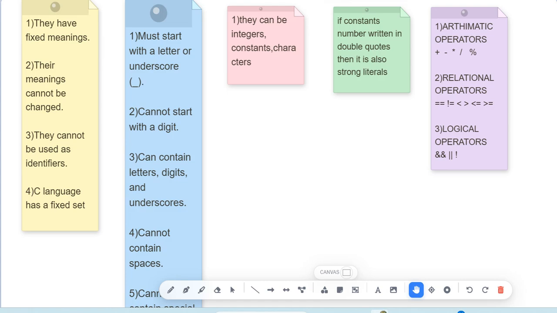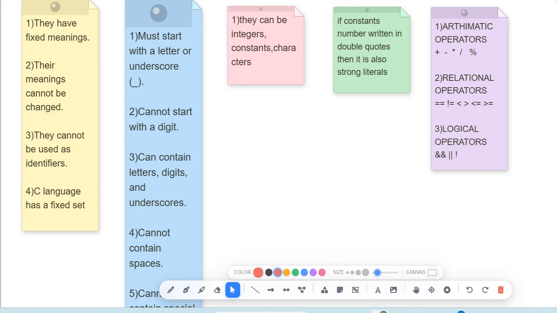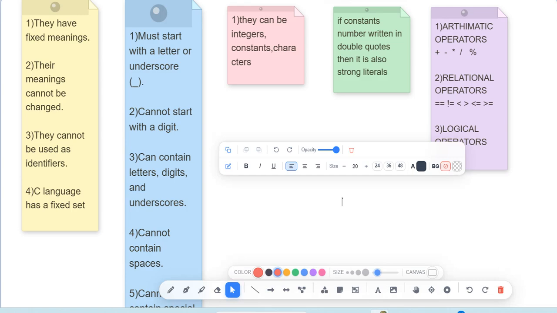It can't be started with digits, meaning 0 to 9. Any digit we should not use initially. Either we can keep anything, but it should not be a digit.